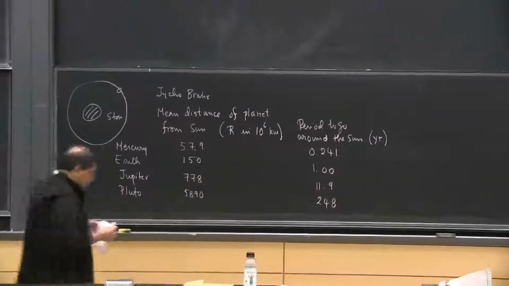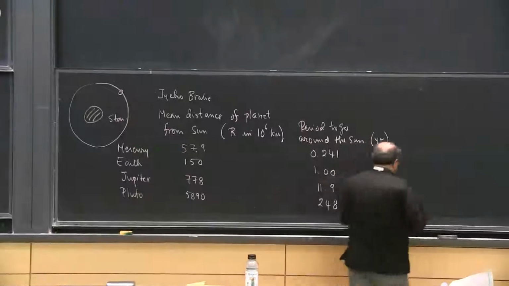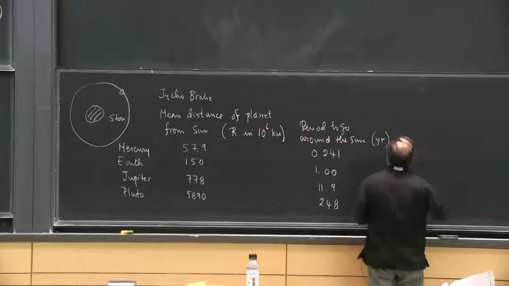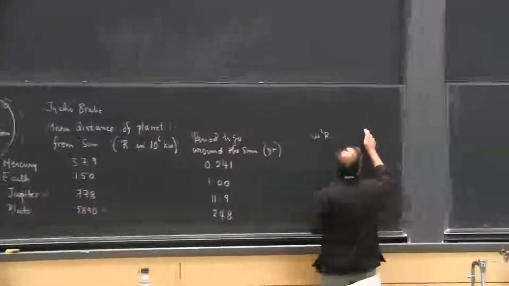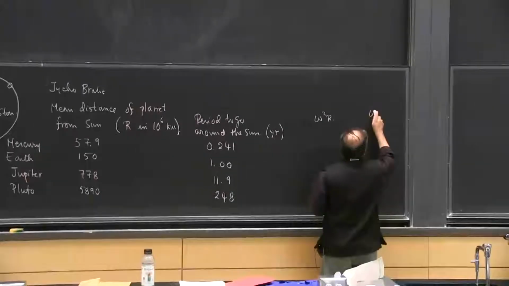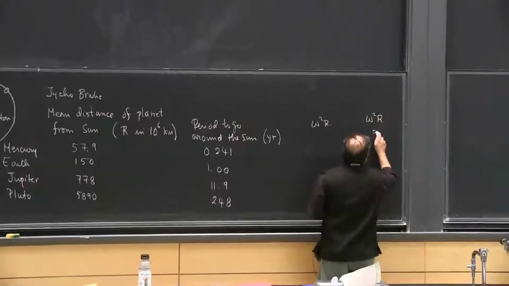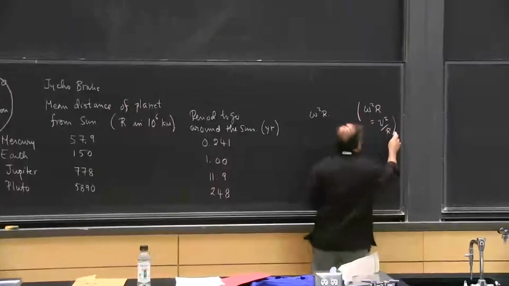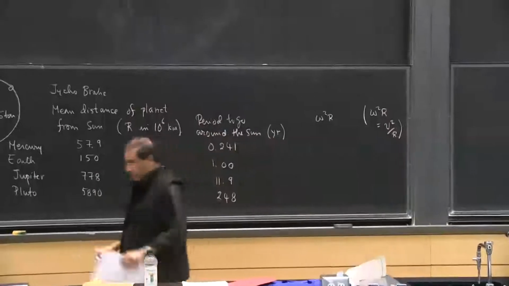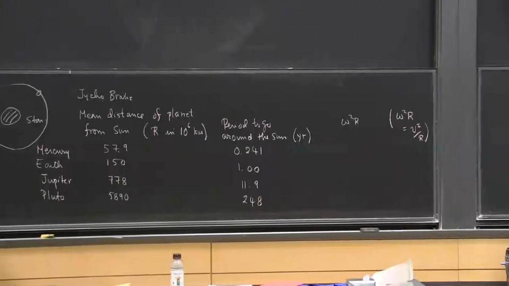All right. Now from there, you can calculate omega squared r. Remember, omega squared r is a very important quantity because omega squared r is basically v squared over r. We discussed this earlier. Centripetal acceleration.